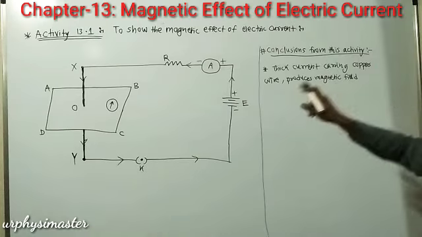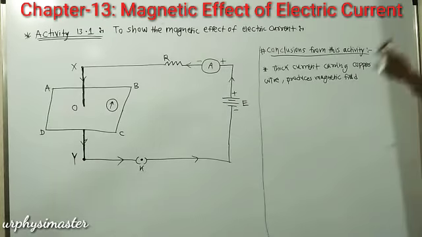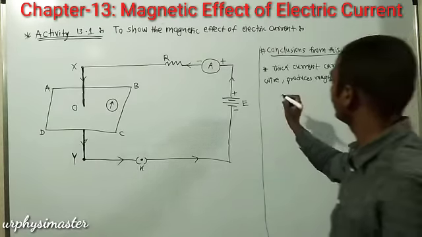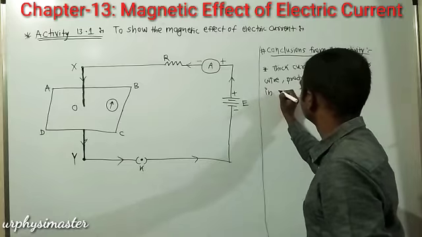This thick current carrying copper wire produces magnetic field in its surrounding.